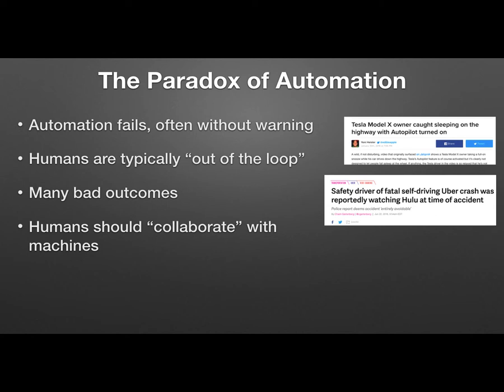I mean, that's kind of the default that we arrive at, even just for legal reasons, right? We have a strong idea about responsibility and humans being responsible for bad things that happen. We want to be able to point back to a person. And we certainly don't want automation to be responsible for these bad outcomes. But it's a real question in terms of once a human is out of the loop, can they actually get back in quick enough to help something?